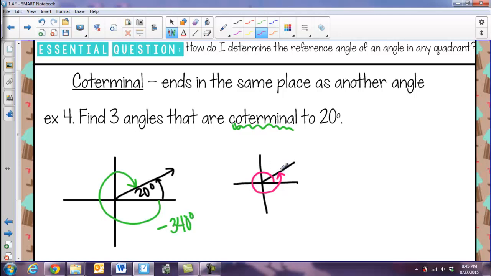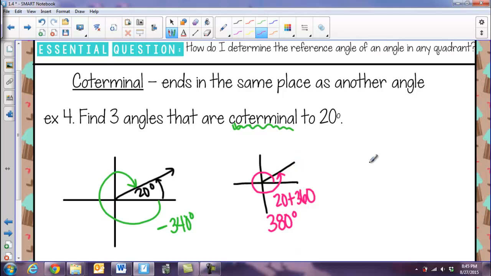I just went a little farther to get there. I went all the way around the circle. So this one would be 20 degrees plus 360, an angle measure of 380. Again, it's the same angle, it looks the same, I just went around a little bit more.